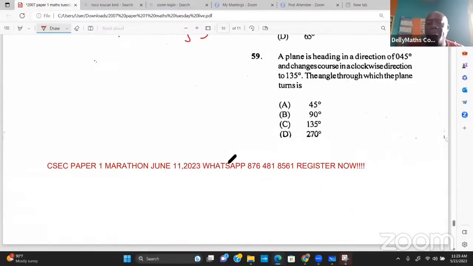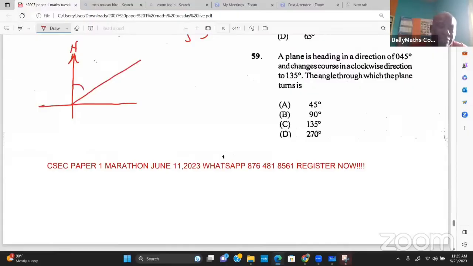59. A plane is heading in the direction of 45 degrees and changes course in a clockwise direction to 135. The question is the angle through which the plane turns. Let's take a quick look. All bearings are from the north, and this is the underpinning idea. So if my first bearing was 45 degrees, it simply means that this angle here was 45 degrees.